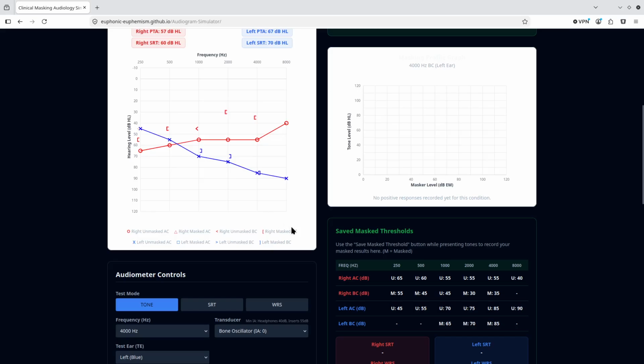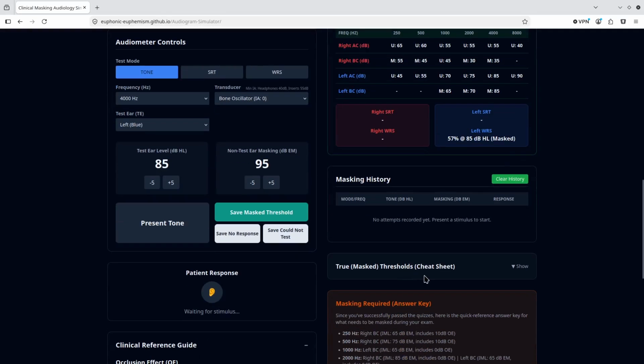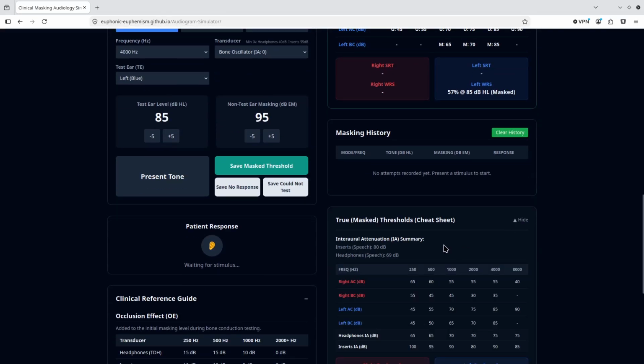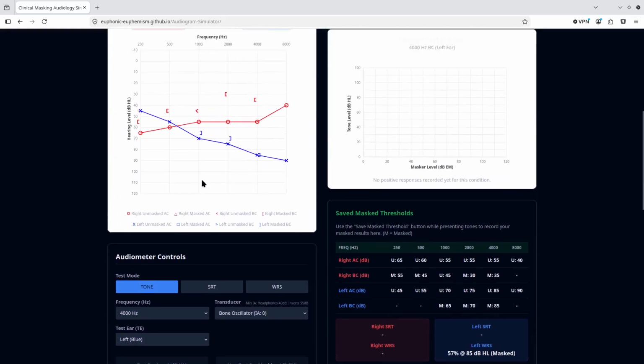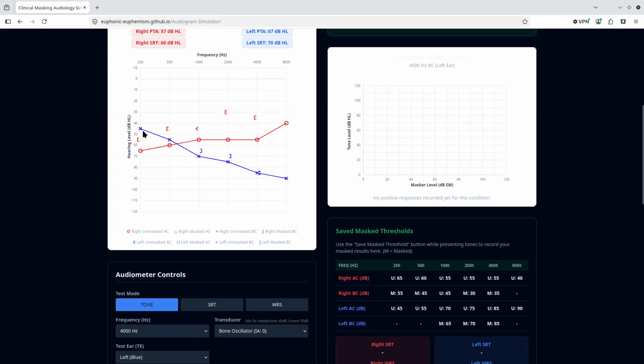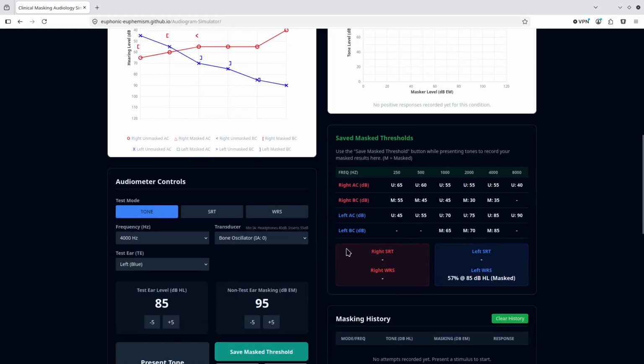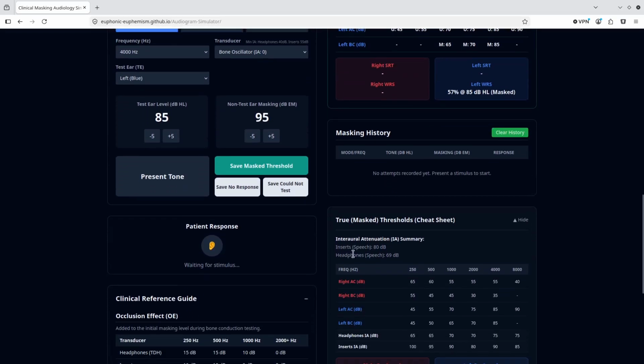And let's check our answers to make sure we got them right. Look at our cheat sheet here. Bone conduction, left ear, 45, 50, 65. 45, we didn't mask there. We didn't need to mask there.